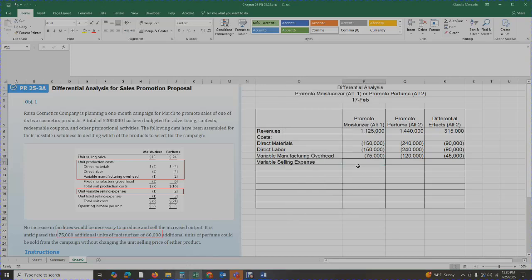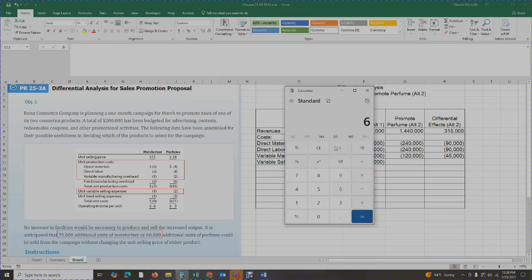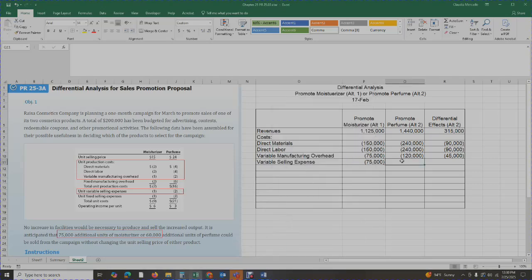It's going to be 75,000, and we're going to have 60,000 at $2 a piece. We're picking up these right here. It's going to be 120,000. So we have an extra 45,000 in cost if we go with alternative 2 versus alternative 1.